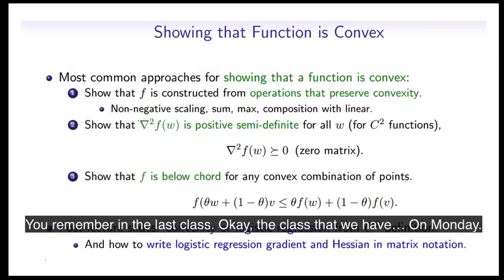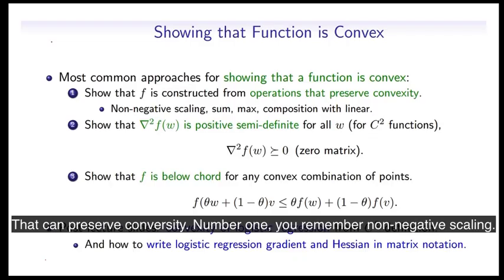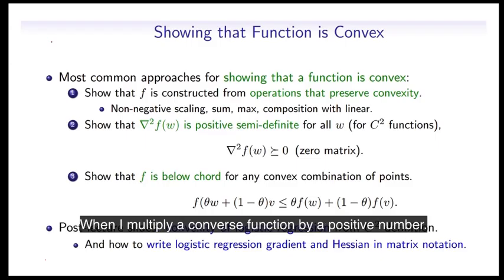You remember in the last class, the class that we had on Monday, I said that there are algebraic operations that can preserve convexity. Number one, non-negative scaling: when I multiply a convex function by a positive number, it still preserves convexity.